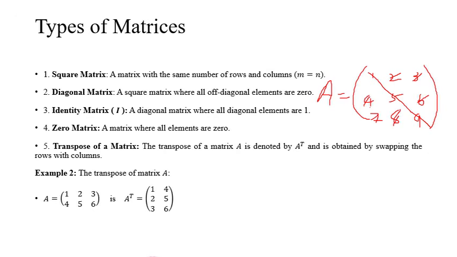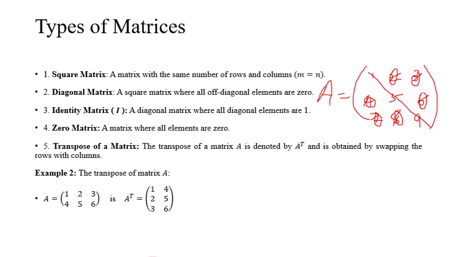So when this happens, all of 4, 7, 8, 2, 3, 6 are 0 each. Then we say we have a diagonal matrix. However, an identity matrix is a diagonal matrix where all diagonal elements are 1. So now let's assume this is already 0, 0, 0, 0, 0, 0. So it shows that we already have a diagonal matrix.